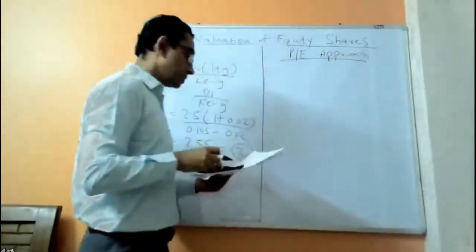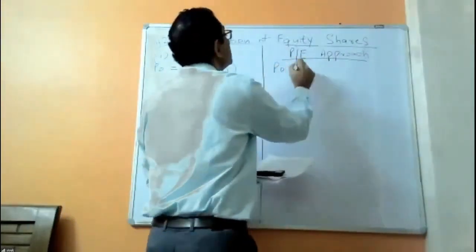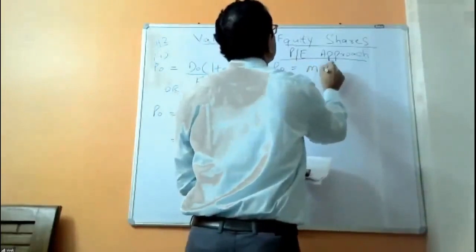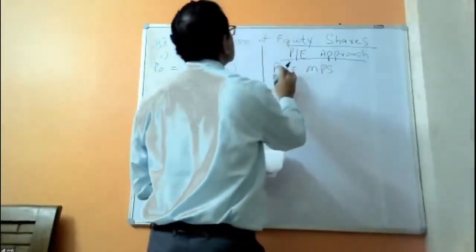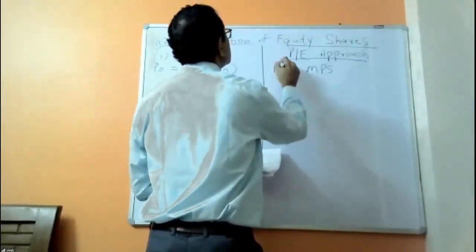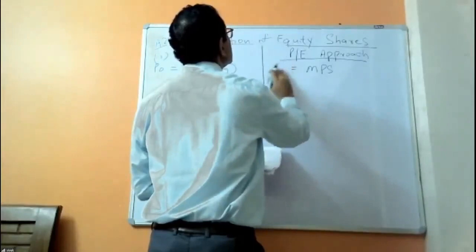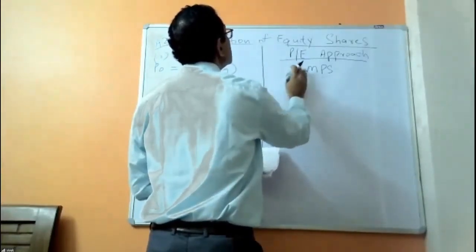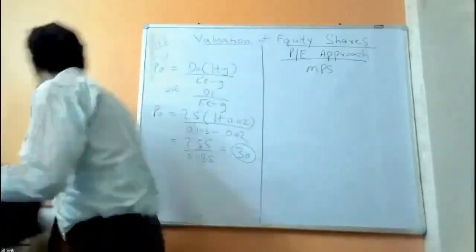Price earning approach. In this case, P0 is equal to market price per share, and this market price you have to calculate.